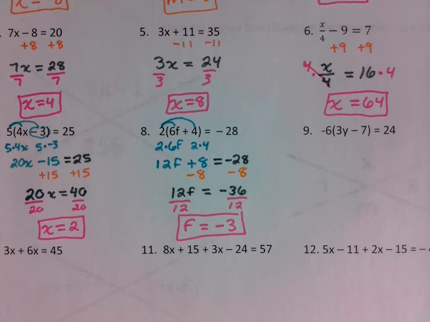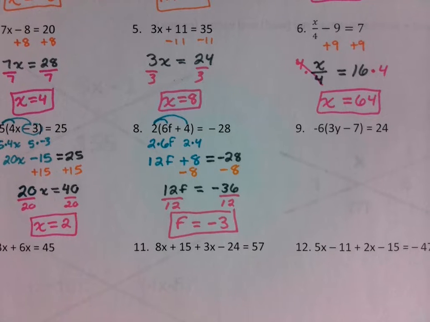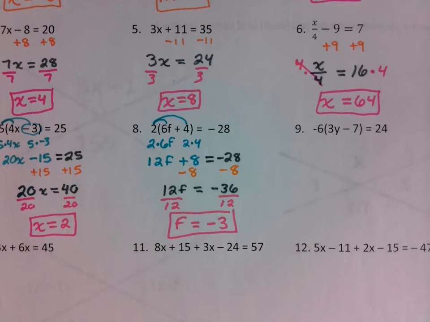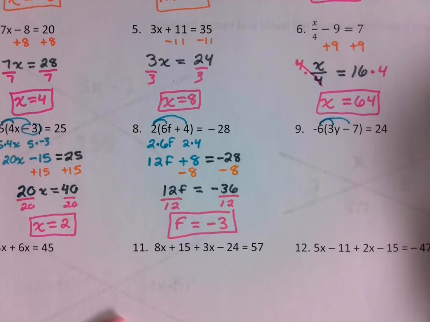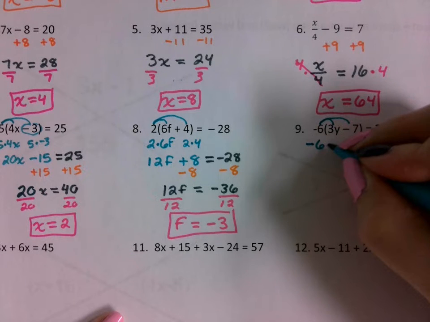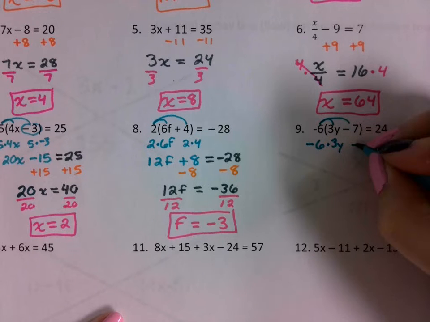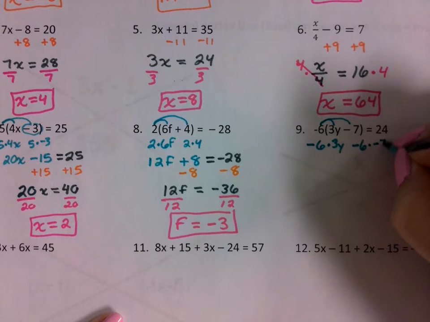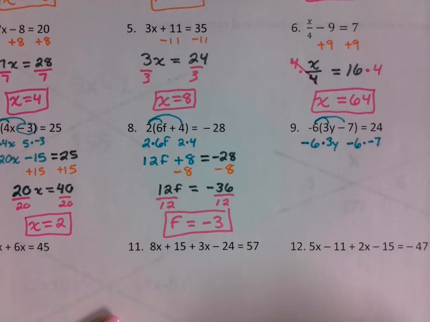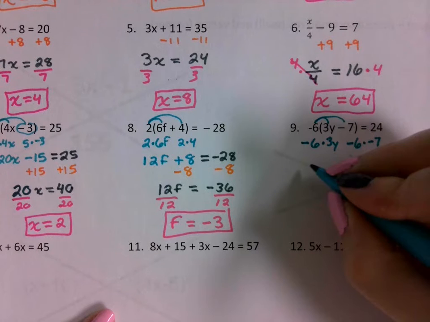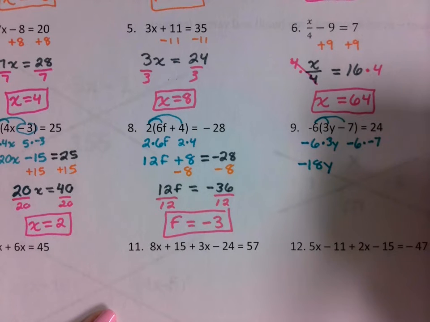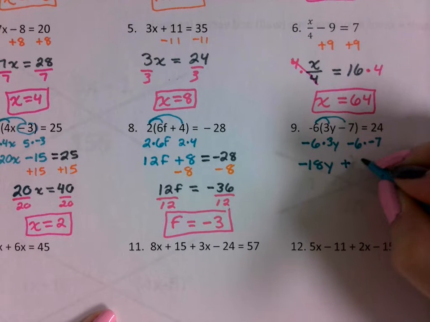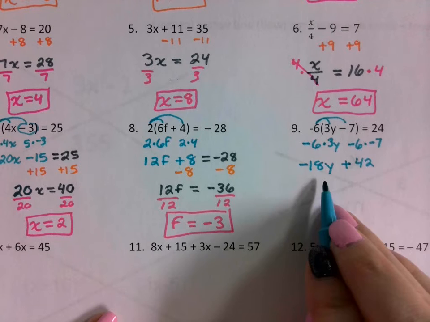For problem number 9, distributing the negative 6 to both components. So negative 6 times 3y and negative 6 times negative 7. Negative 6 times 3y gives you negative 18y. Negative 6 times negative 7 gives you a positive 42. So you should have had negative 18y plus 42, and then that's equal to 24.